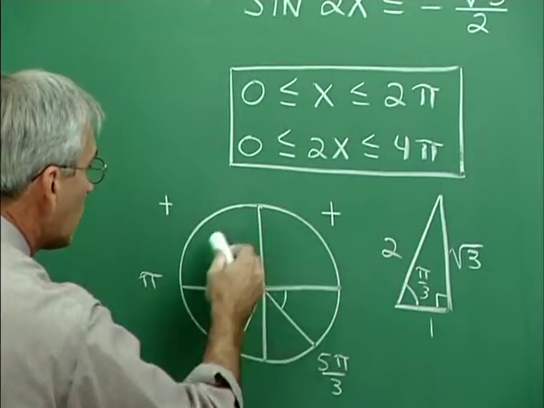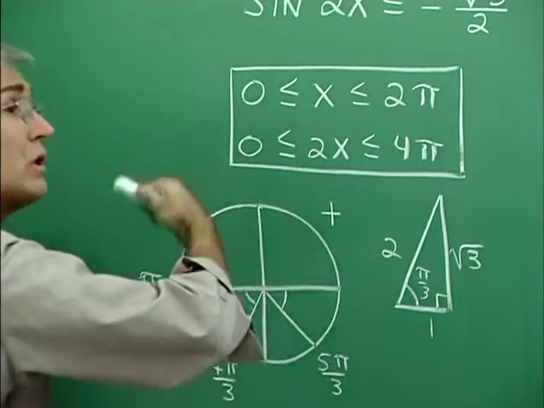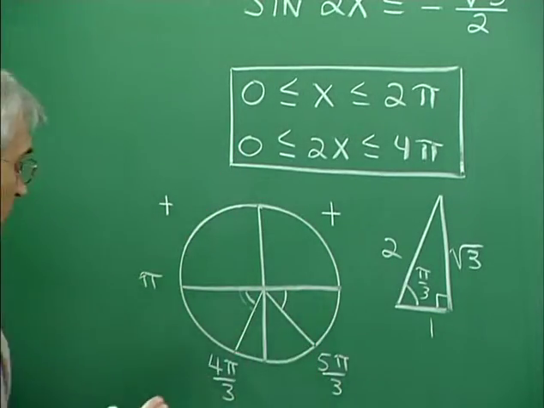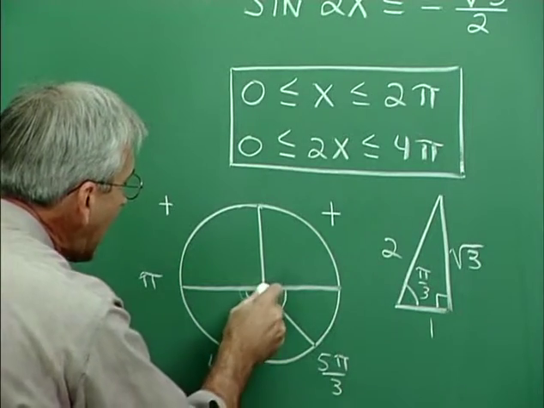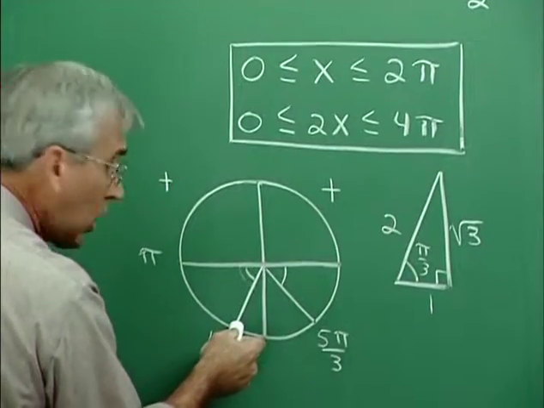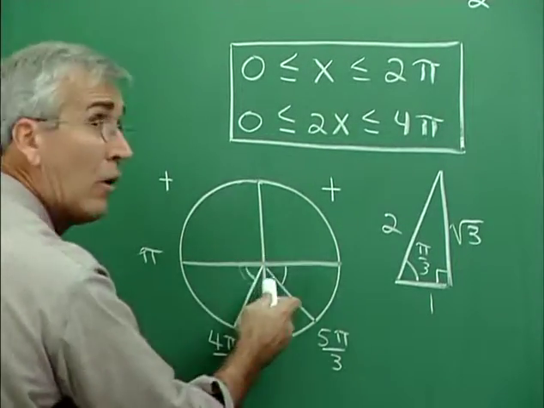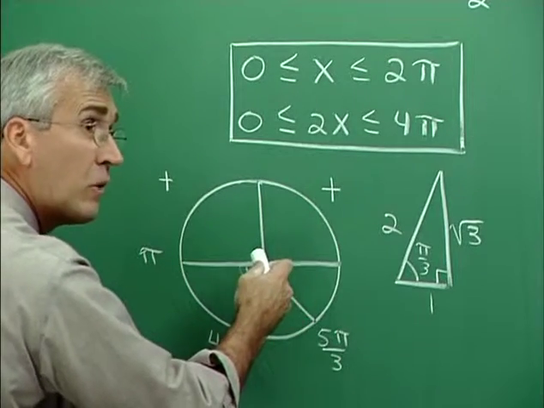Uh-oh, it's not just one complete circuit for this angle of 2x. It's two complete circuits. So I have to be careful here, and I have to go one more circuit around for the angle coterminal with this one that is in the next go-around. I have to go around the circuit one more time.